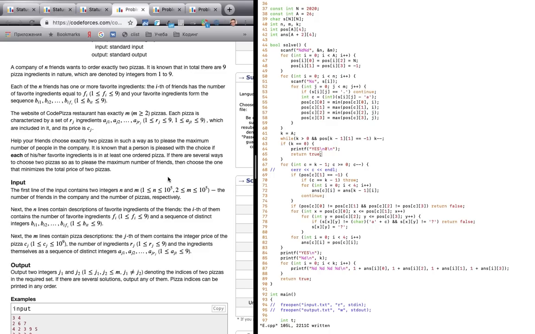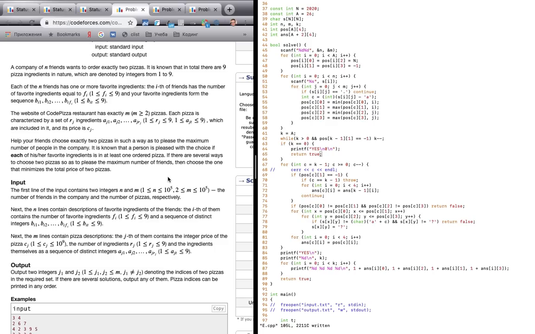So the size is 9, so we can try all the 2 to the 9 squared possibilities. I don't understand what's the problem.